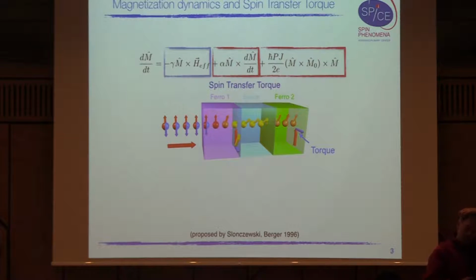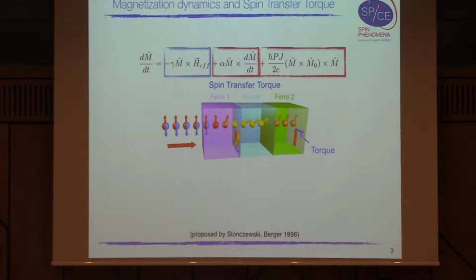So, to begin with, the caricature of the spin transfer torque is to start with the LLG equations as we all know them. So you have the magnetization dynamics governed by an effective field, which you precess about, and a damping term, a Gilbert damping term, which allows you to relax.